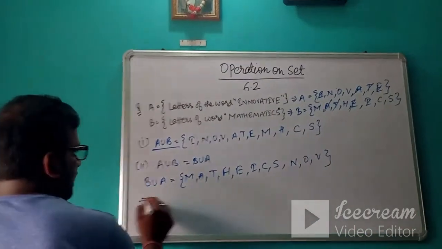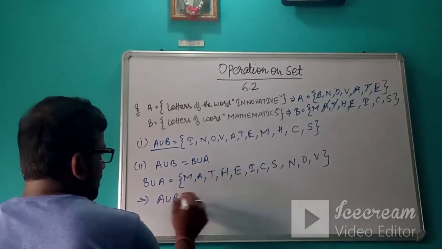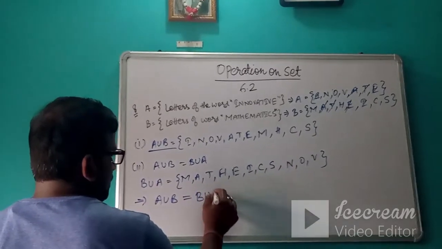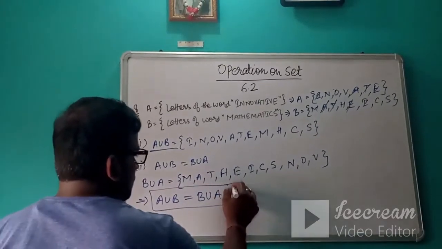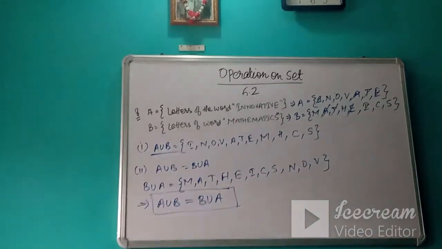That means we can write A union B is equal to B union A. Hence proved.